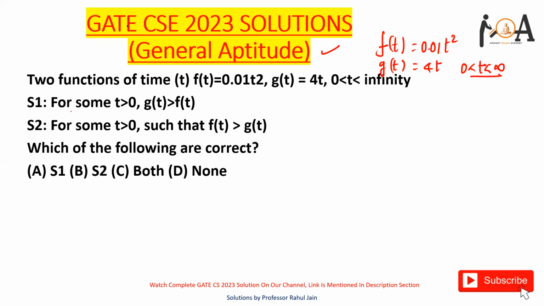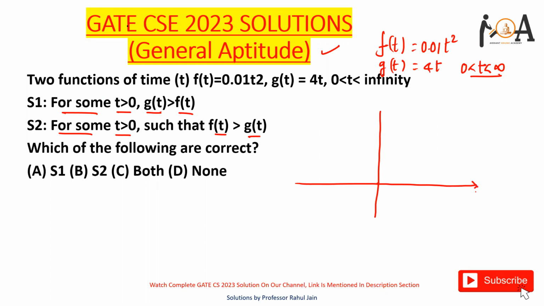Thereafter, two statements are given. S1 says that for some value of t, g(t) is greater than f(t), and S2 says that for some value of t greater than 0, f(t) is greater than g(t). To understand this clearly, you can take a graphical view of these equations, which will help you understand the concept very well.